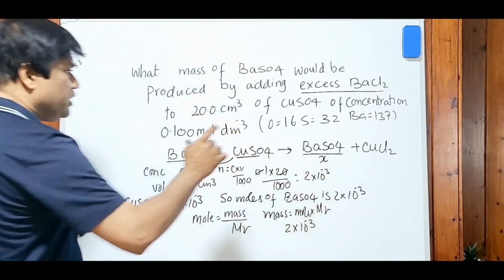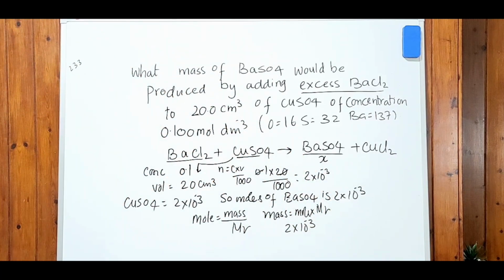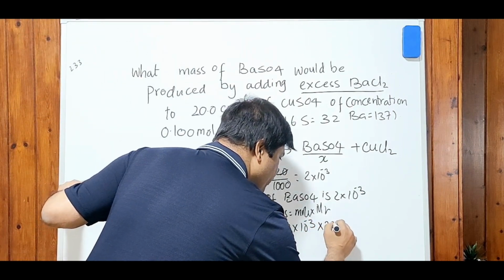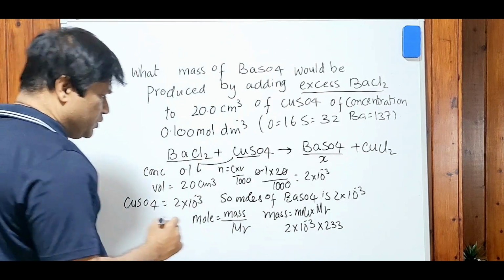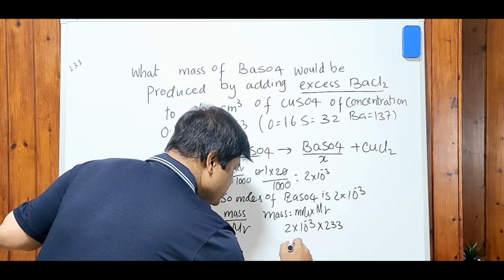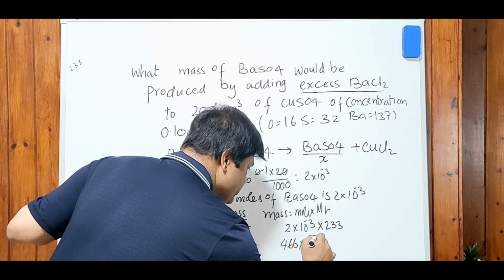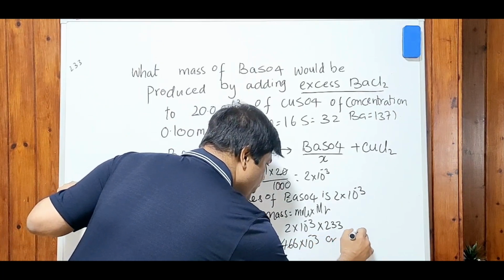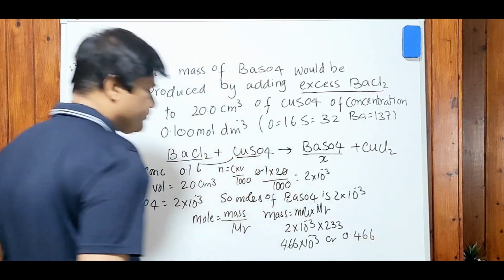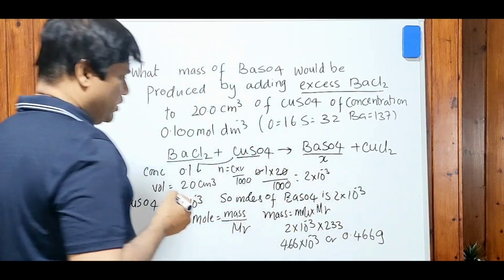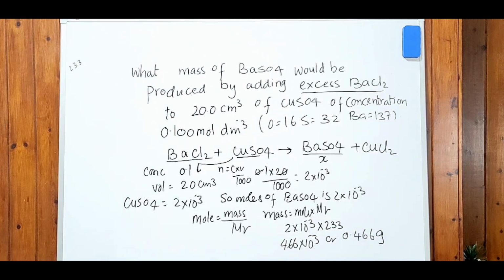When you work out the Mr of the barium sulfate, you will get 233. So which is 466 times 10 to the power of minus 3, or 0.466 gram. We have a unit for the mass. Is that clear, guys?